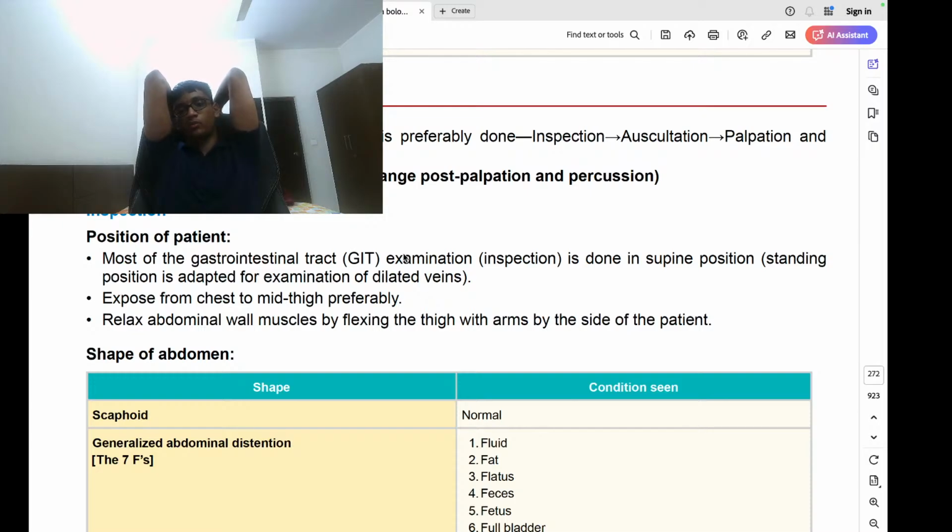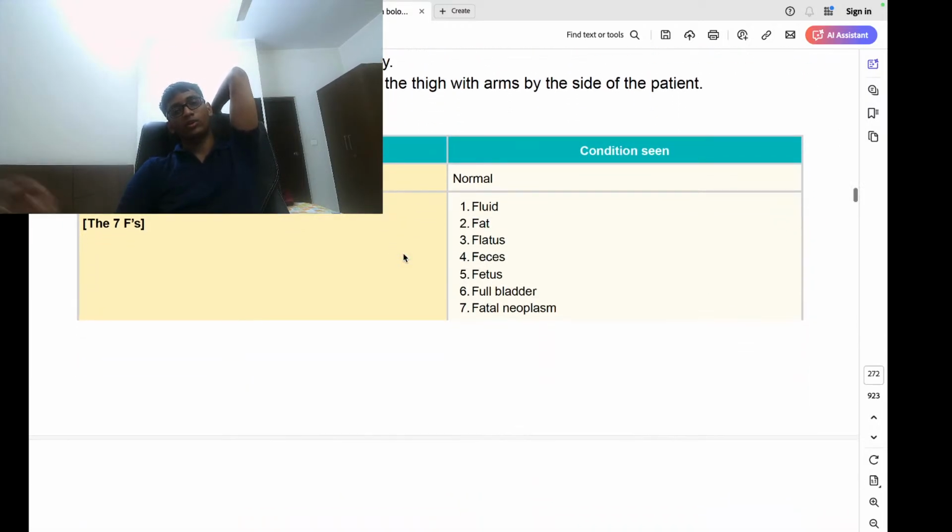The shape of the abdomen you can check. It's scaphoid in normal, and then there is generalized abdominal distension.